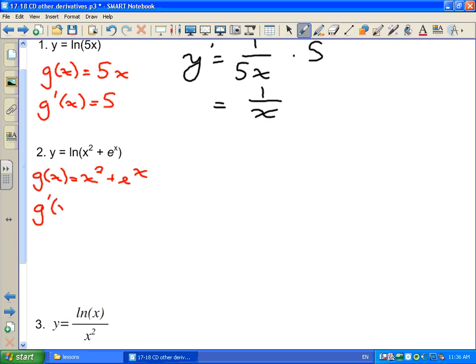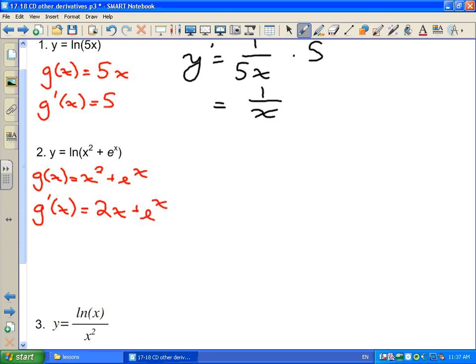Our derivative of that, we can do term by term. We don't need product rule because we're just adding these two things together. So it's just the derivative of one plus the derivative of the next one. And e to the x is really easy because it just gives us e to the x back again.